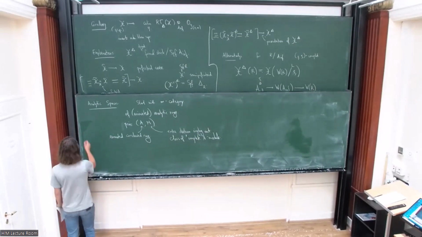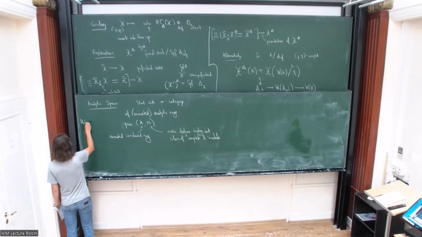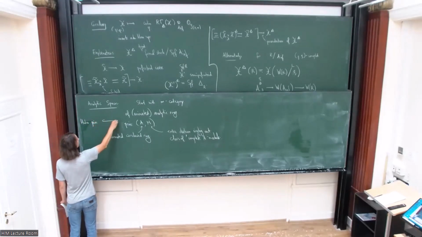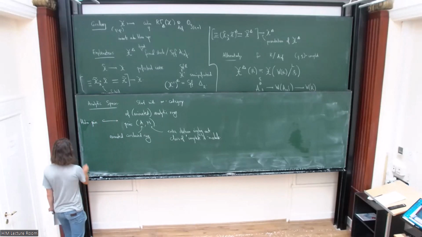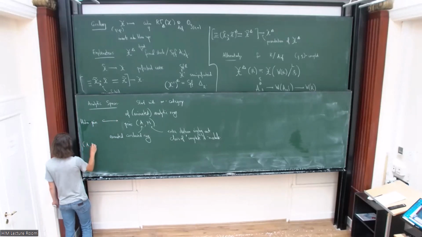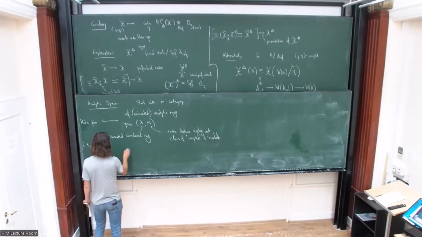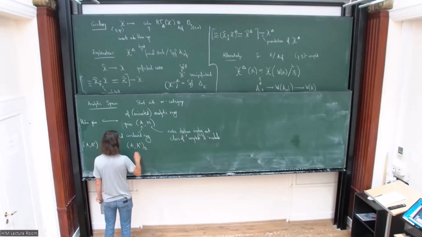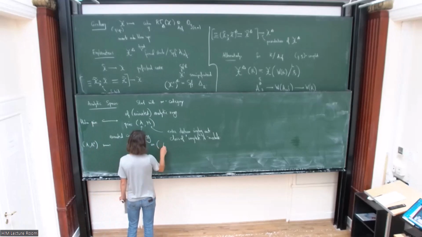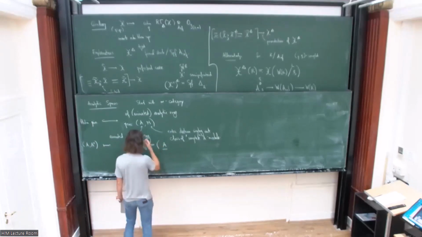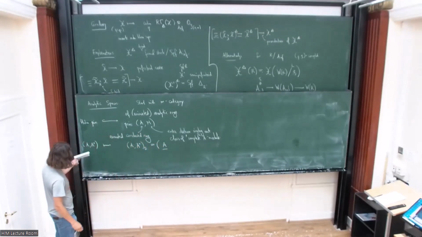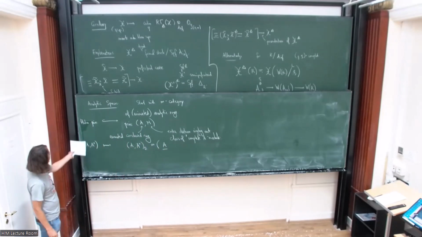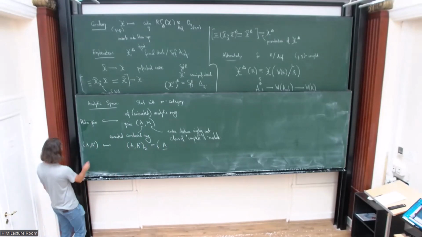And actually the category of Huber pairs embeds fully faithfully into these things, sending any pair (A, A+) to something we call (A, A+)-solid. The underlying condensed ring of this is just the one corresponding to the topological algebra that's part of the Huber ring.